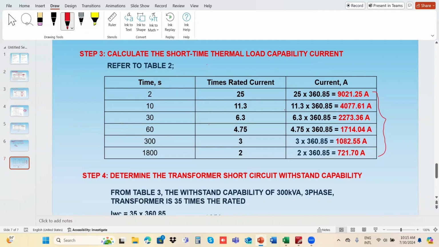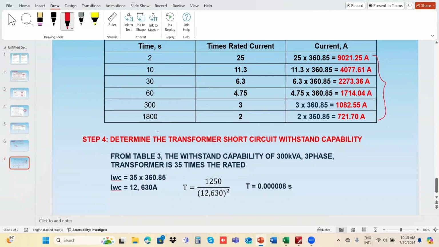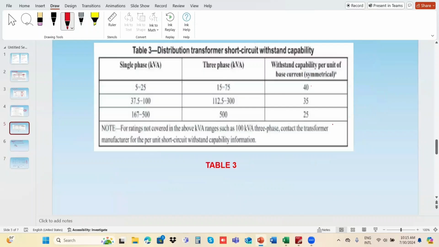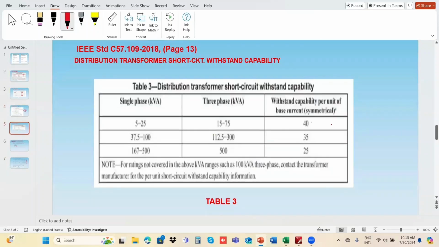So next, determine the transformer short circuit withstand capability. Okay. So since the 300 kVA is under the table 3, if we are going to use table 3, the table 3 is here. It is on page 13 of the same guide.